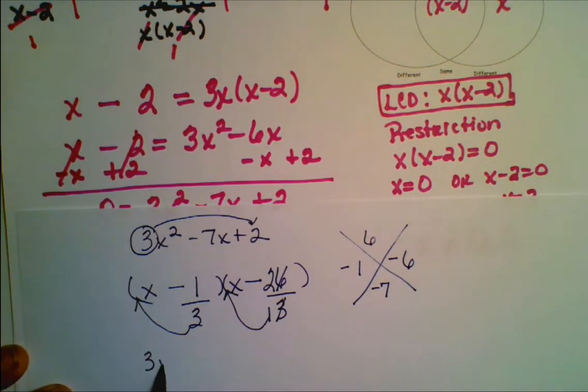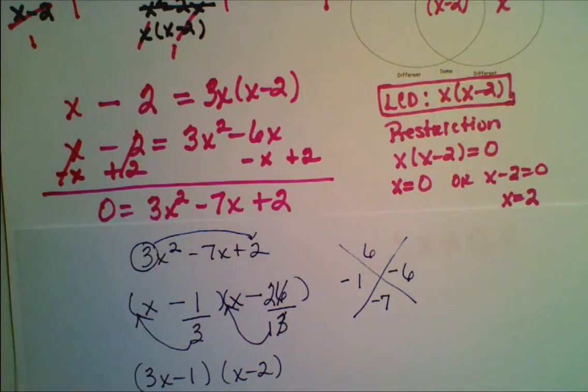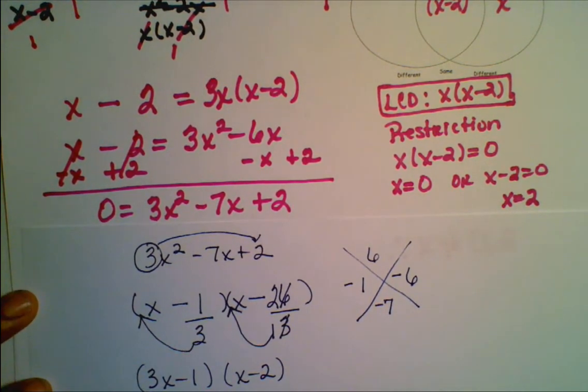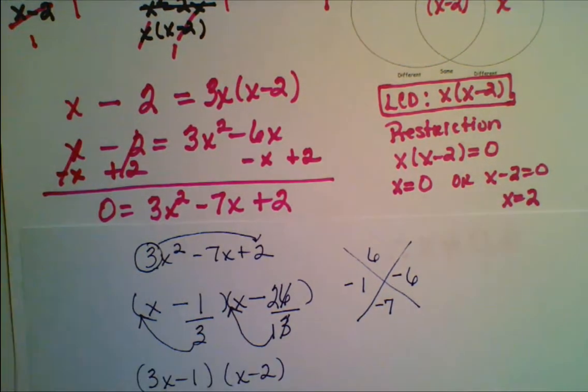And we have 3x minus 1 times x minus 2. That would be our solution as far as the factors of 3x squared minus 7x plus 2.